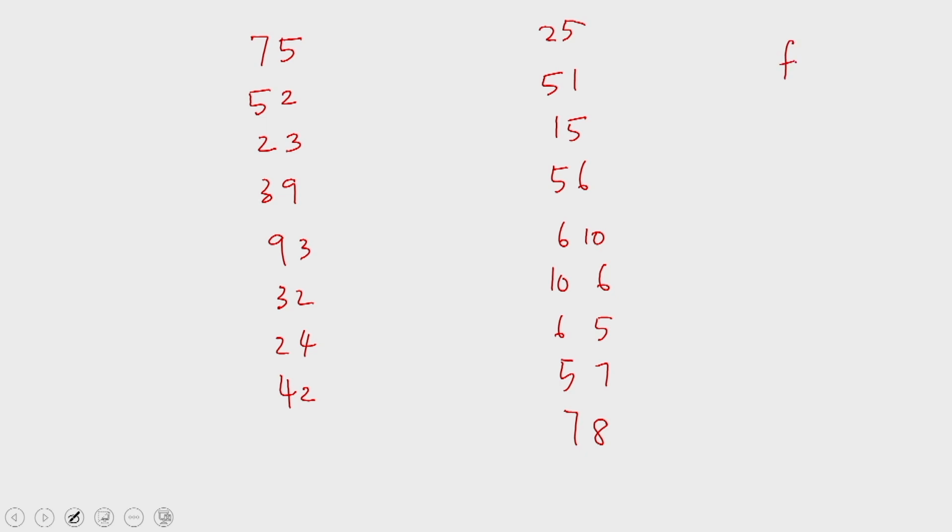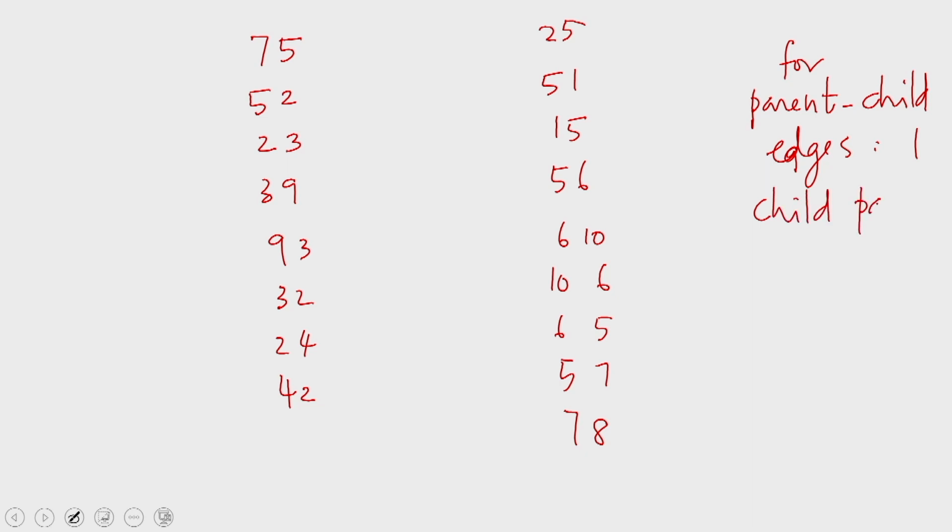For parent child edges, we assign a value of 1, an initial rank of 1. For child parent edges, we assign a value of -1, an initial rank of -1.